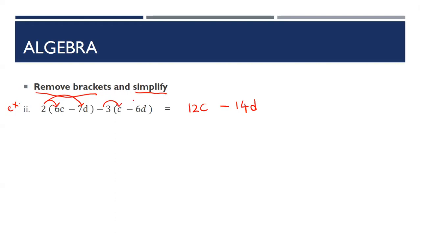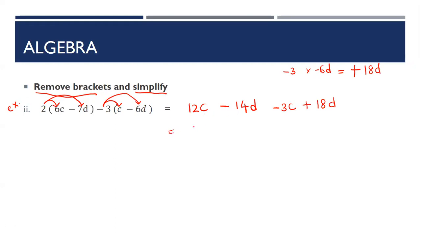Minus 3 into c is minus 3c, and minus 3 into minus 6d: minus into minus we are getting plus, 3 into 6 is 18d. So we are getting plus 18d.